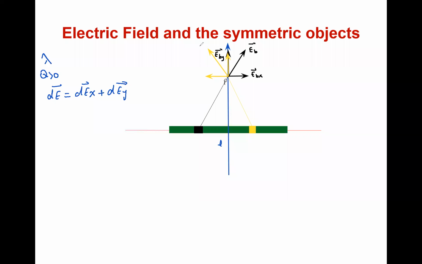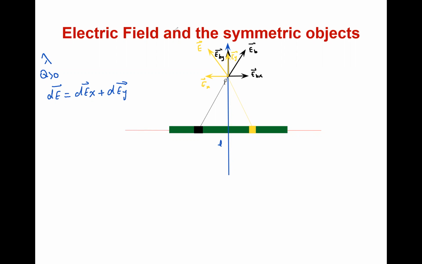So here we have E yellow. I don't want to write yellow and Y in the same notation. And here you have EX, and here we have EY.